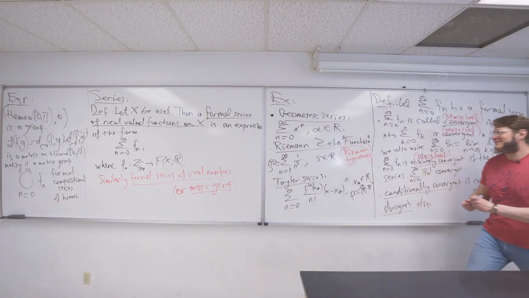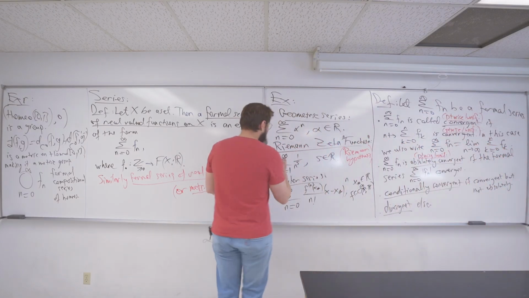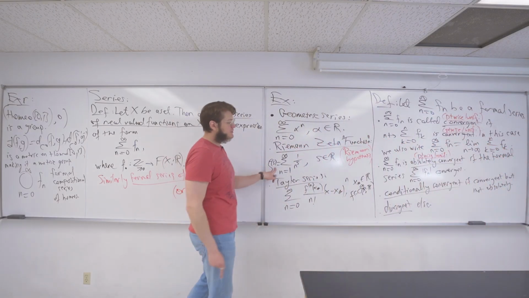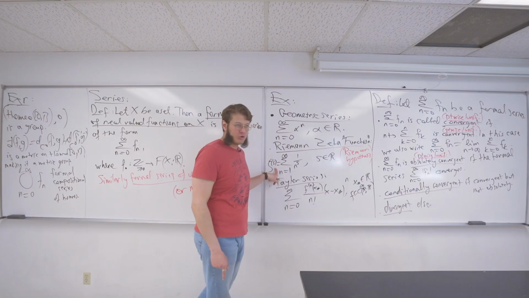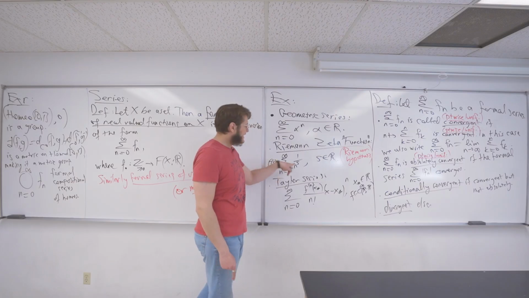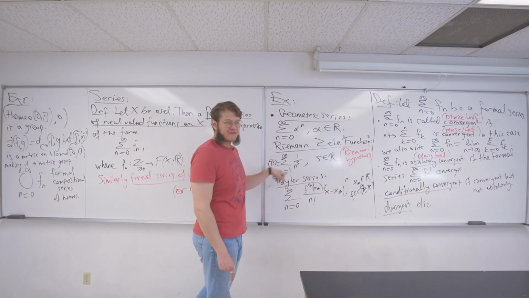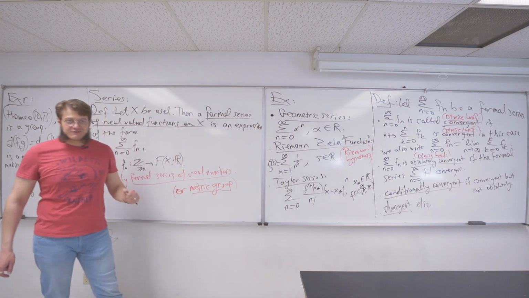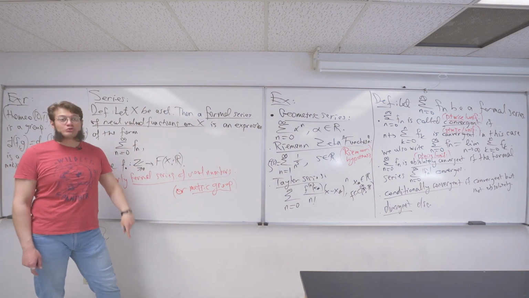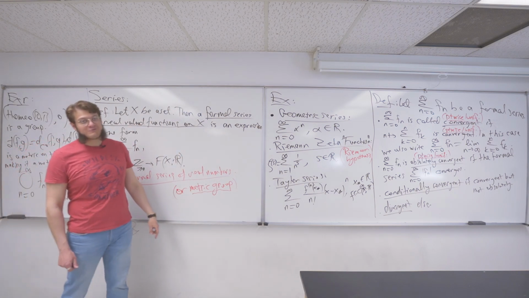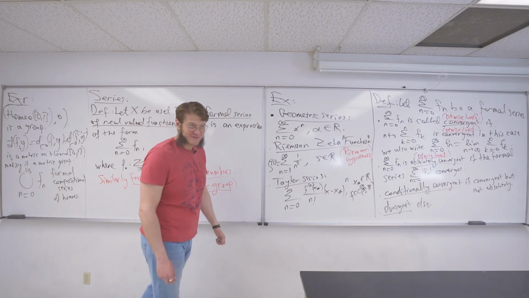Let me put it this way. Physicists tell you that you should be able to plug in s equals minus 1 also. When you plug in s equals minus 1, you're adding all integers, but they don't want that sum to be infinity. They want it to be minus 1 over 12 for whatever reason.